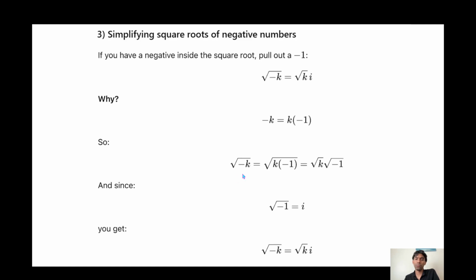Therefore, square root of minus k is equal to square root of k multiplied by minus 1, which is equal to square root of k multiplied by square root of minus 1. And of course, square root of minus 1 is equal to i. Therefore, we end up with square root of minus k is equal to square root of k multiplied by i.